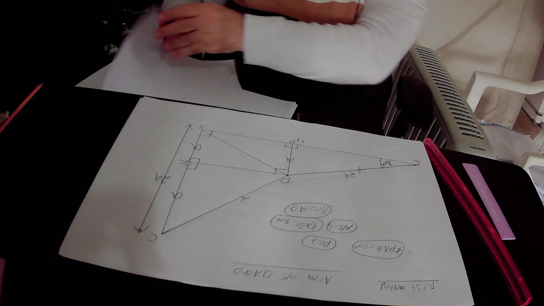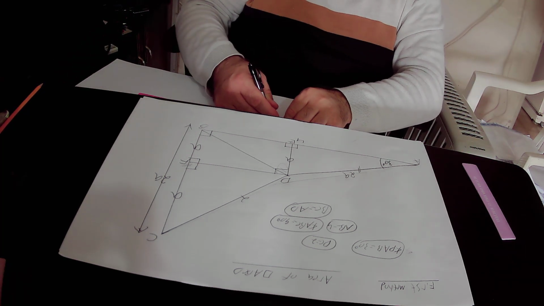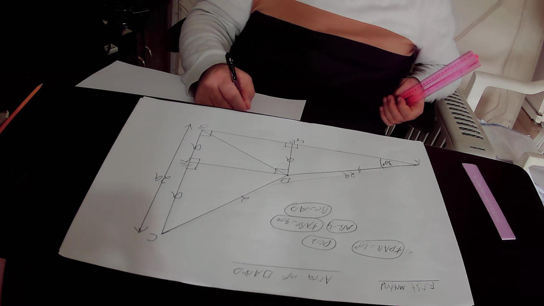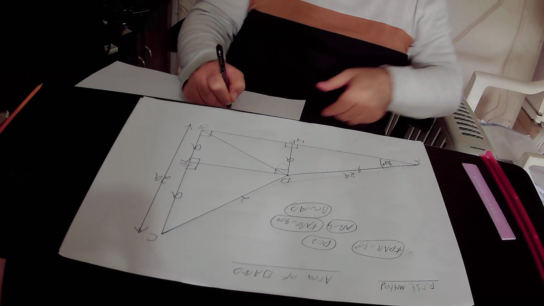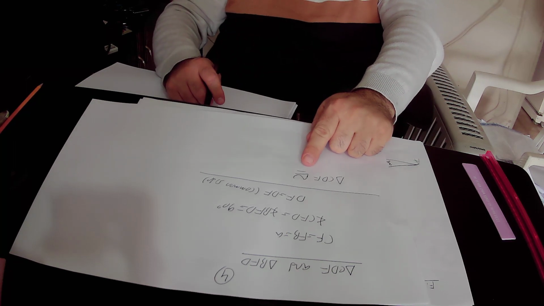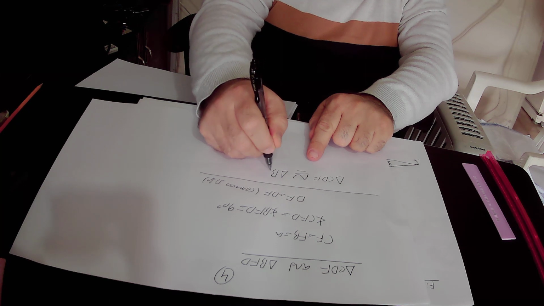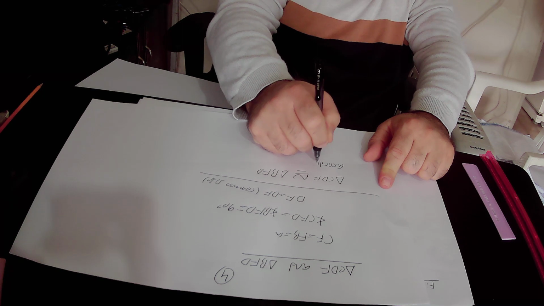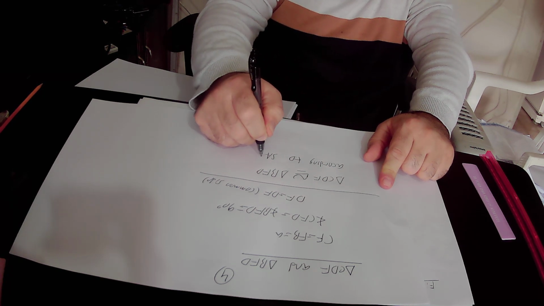So we actually proved that triangle CDF is congruent, this is the sign of congruent, to triangle BFD according to the side angle side rule.